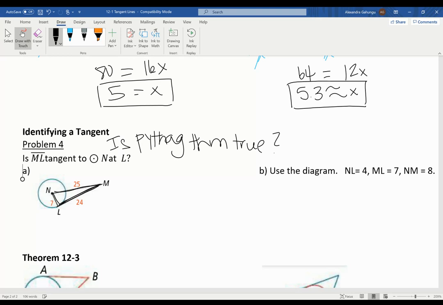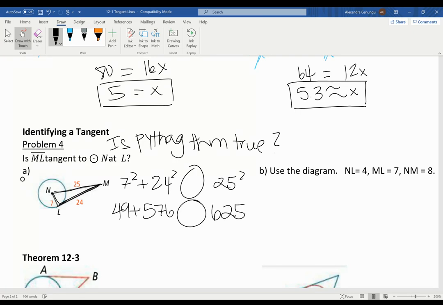To figure that out, we take 7 squared plus 24 squared. Is that going to be equal to 25 squared? So 49 and 576, is that going to add up to 625? And luckily for us, it does. It is equal. So since the Pythagorean theorem is true, that means we do have a 90 here. It's a right triangle. And so yes, ML is tangent.